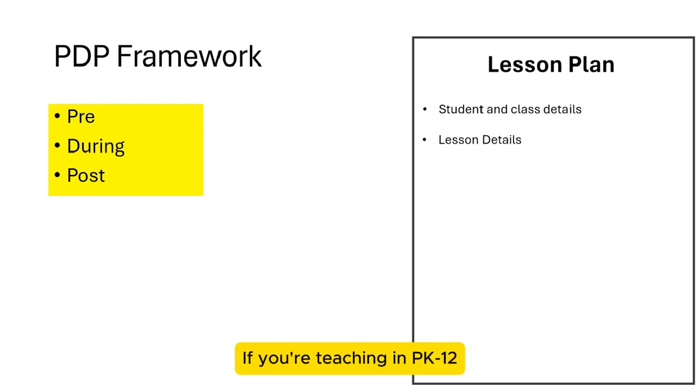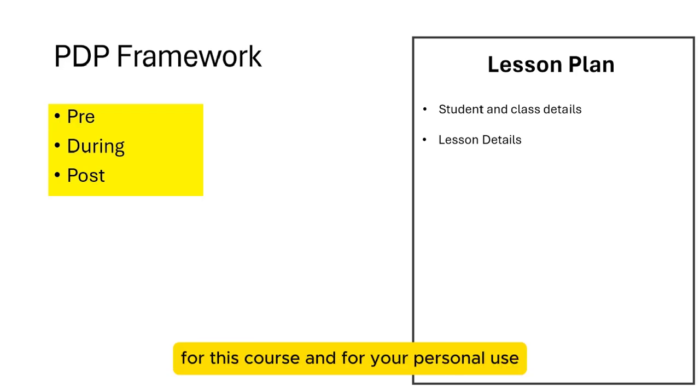If you're teaching in PK12, you'll need to include state standards, the subject area, topic, learning objectives with action verbs, and any materials you will be using. While these two sections can be more detailed for things like at TPA or formal evaluations, for this course and for your personal use, I recommend keeping it simple.